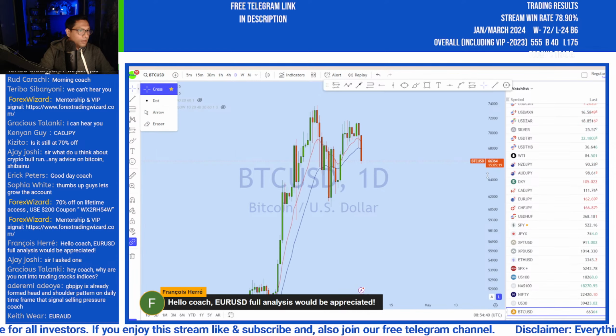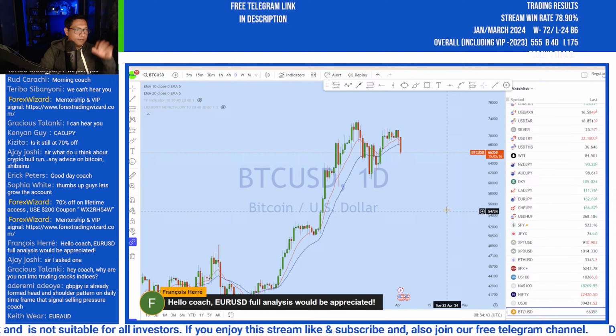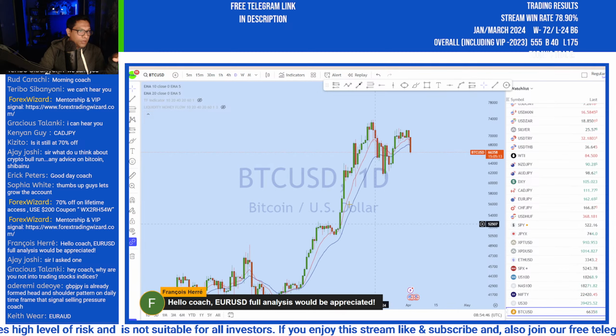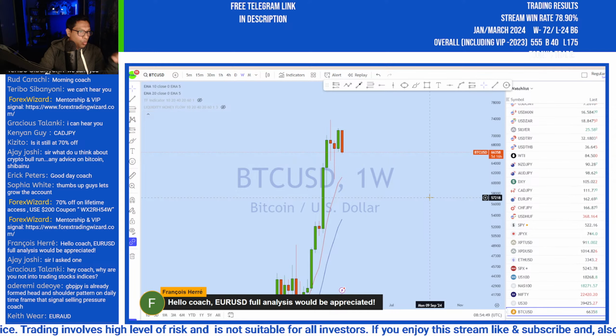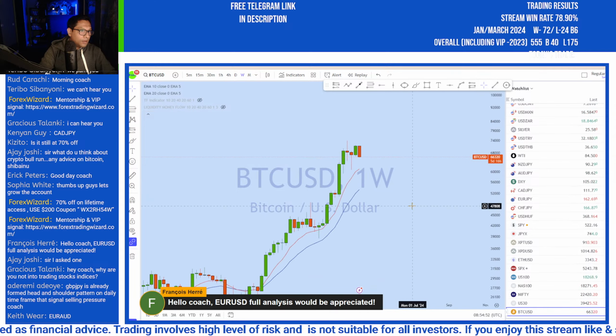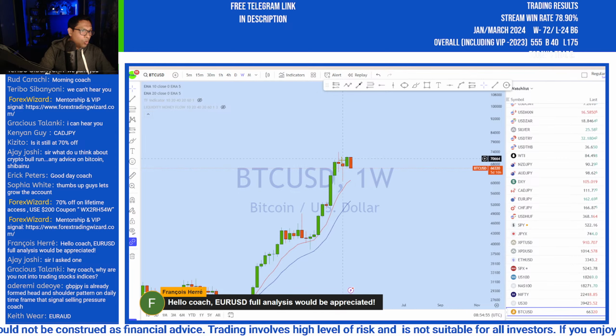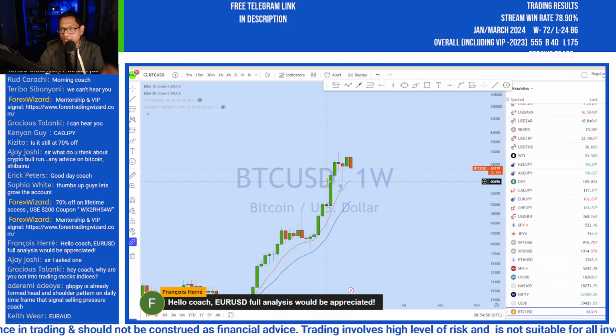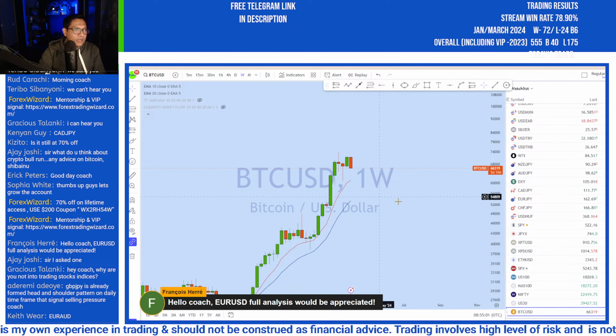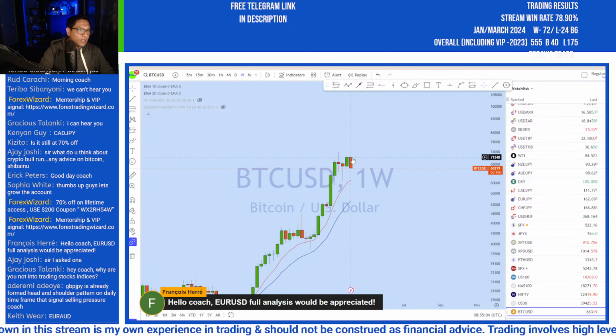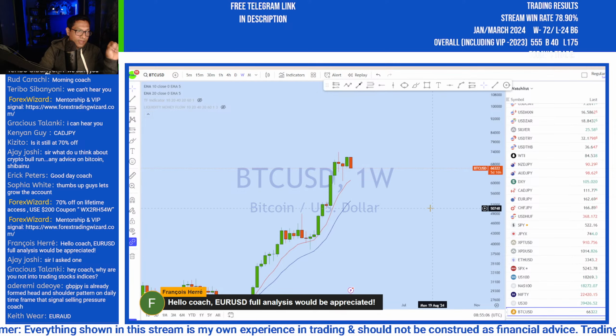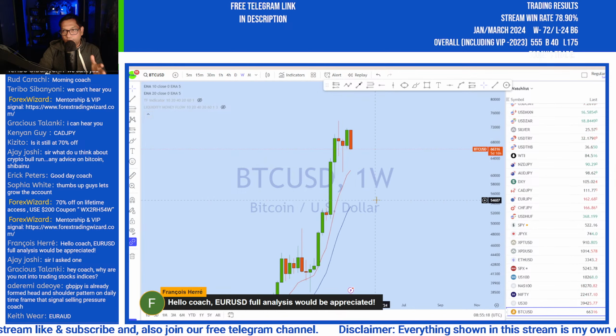If I am looking at Bitcoin from the weekly perspective, what I will be looking at is what the candlestick pattern is exactly telling me in that specific scenario, because this candlestick pattern is exactly the representation of what has happened in the market. Right now, this is the only information that I can give you accurately.